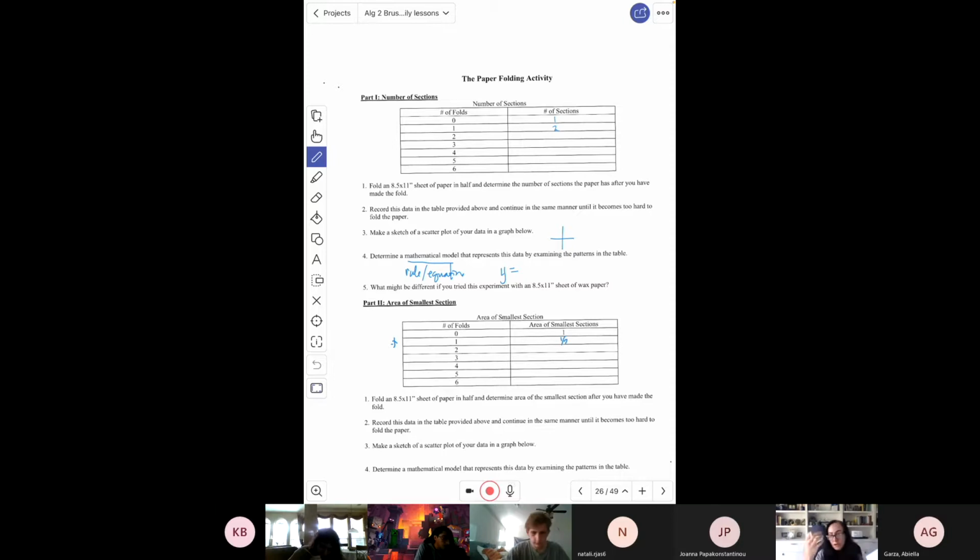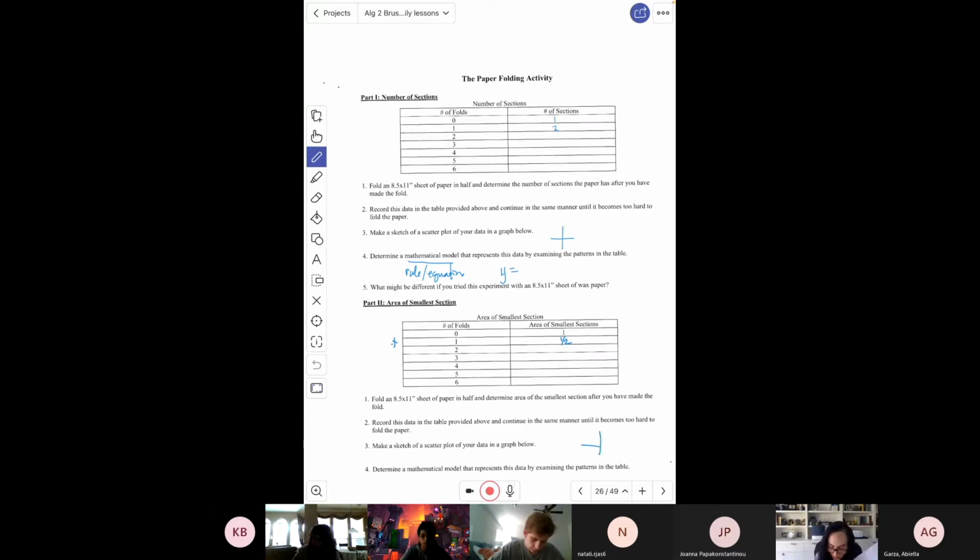So you're continuing to fold, and as you fold, you're looking at the number of sections as well as the area of the smallest section. So go ahead and finish filling out. As you fold, you can go ahead and populate both tables.